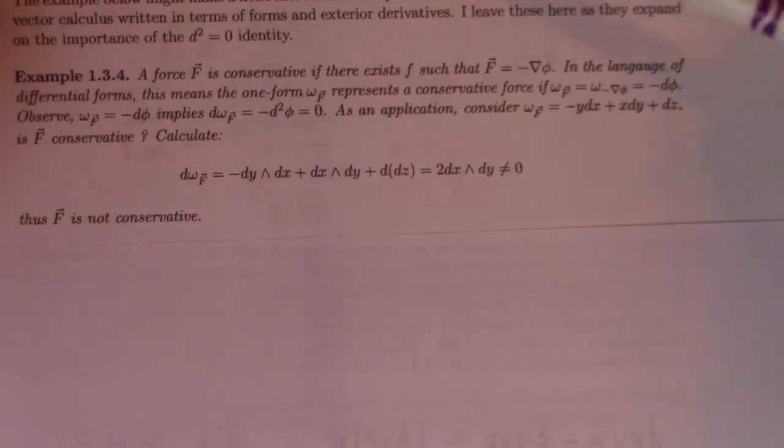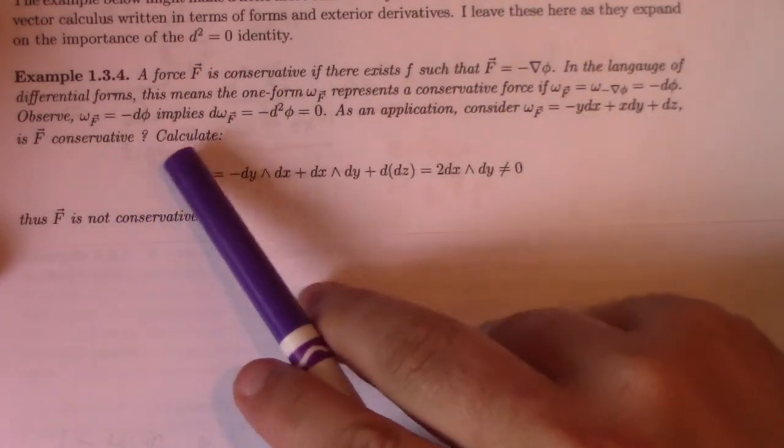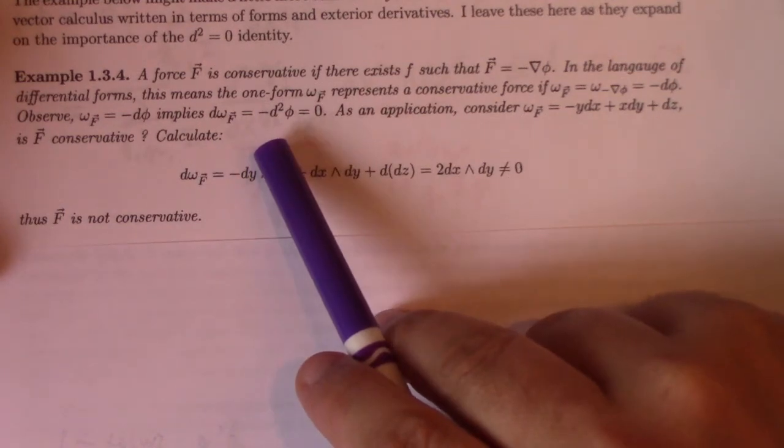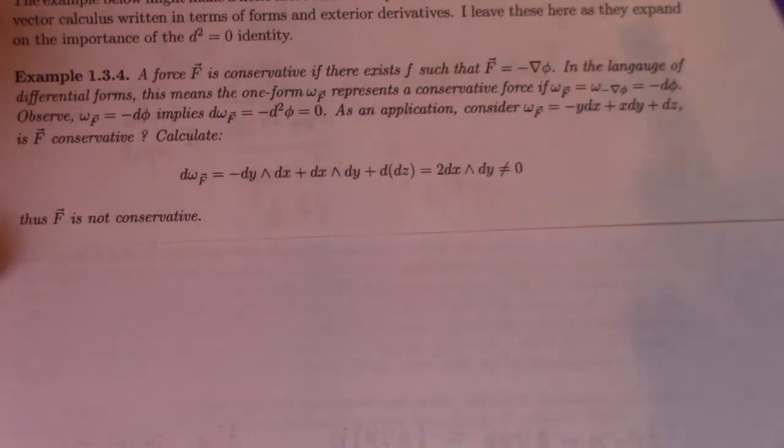But if I have omega f is equal to minus d phi, that means that the exterior derivative of omega f is minus d squared phi, but that has to be 0. So then this gives me a simple criterion to use to test whether or not a given one form actually corresponds to a conservative force or not.